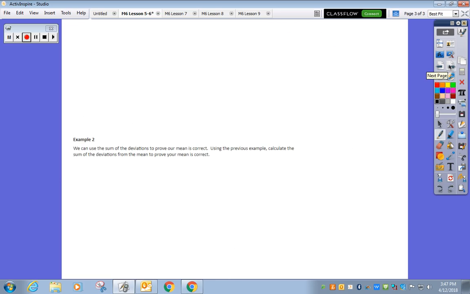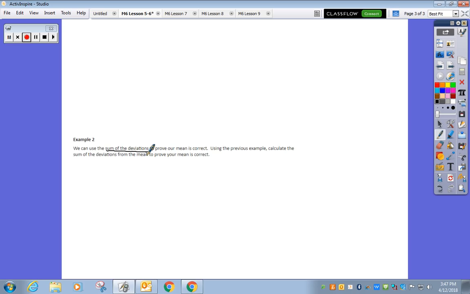Okay, so we can use the sum of the deviations to prove our mean is correct. Using the previous example, calculate the sum of the deviations from the mean to prove your mean is correct. So the way that this works out is, well, let me first explain to you what a deviation is.